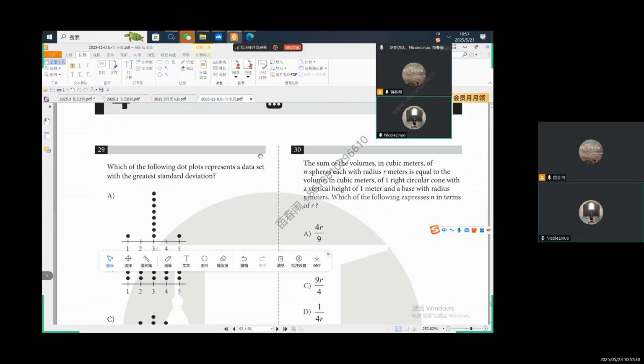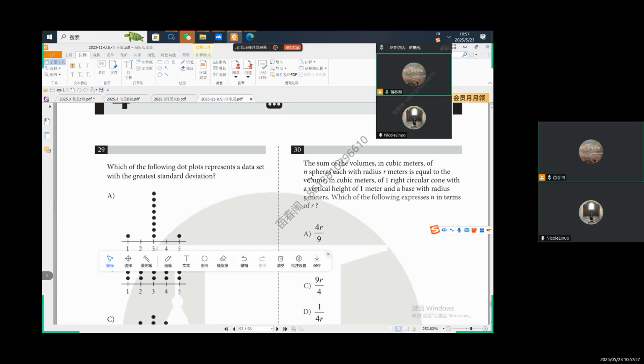I think what mainly messed me up on this question is the sum of the volumes. I thought it was the volume of the sphere plus the volume of the cone. Let me read that again. The sum of the volumes in cubic meters of n spheres, each with radius r meters.